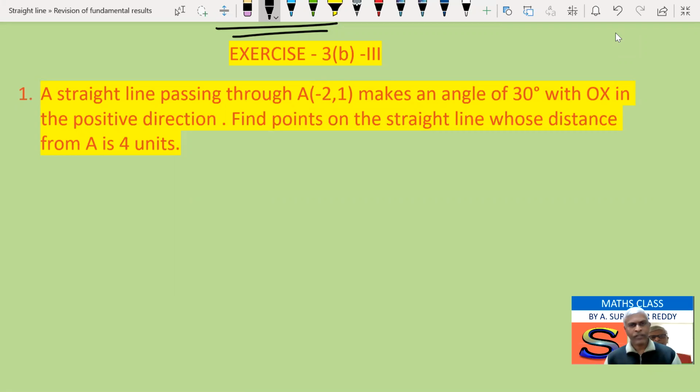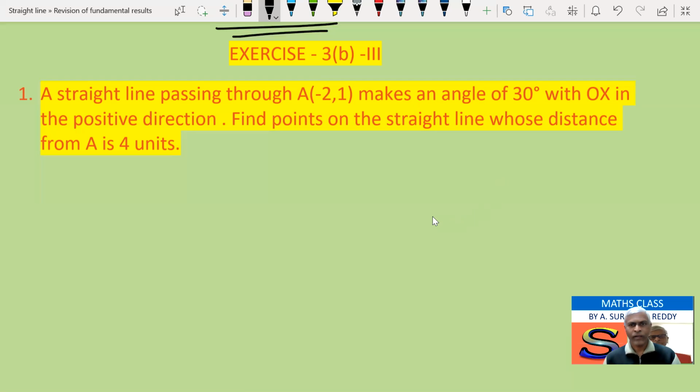A straight line passing through minus 2, 1 makes an angle of 30 degrees with the OX in the positive, that is x-axis in the positive direction.